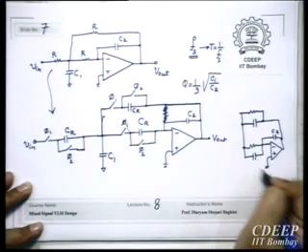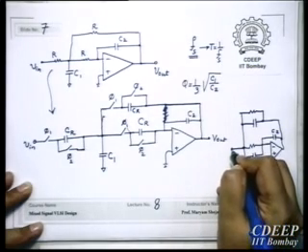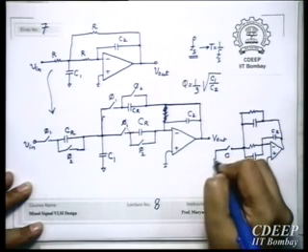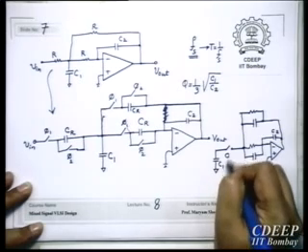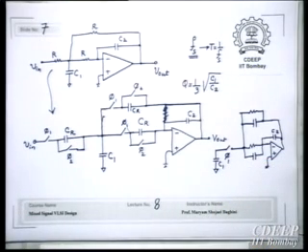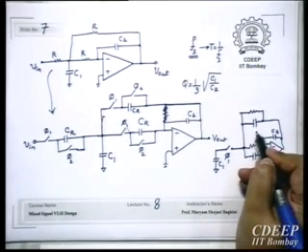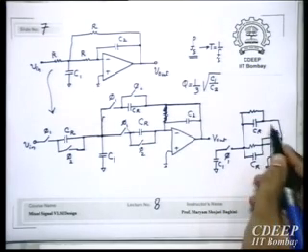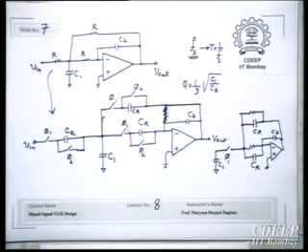This is phase phi 2 and this is open. Yeah, correct, because these 2 will have charge sharing, CR and C2. Look at this loop. So here it's not possible, so this is not correct.